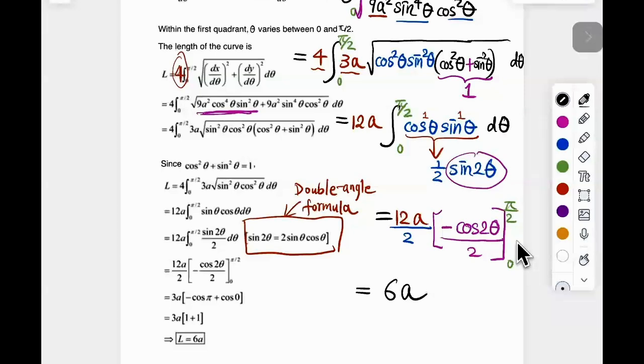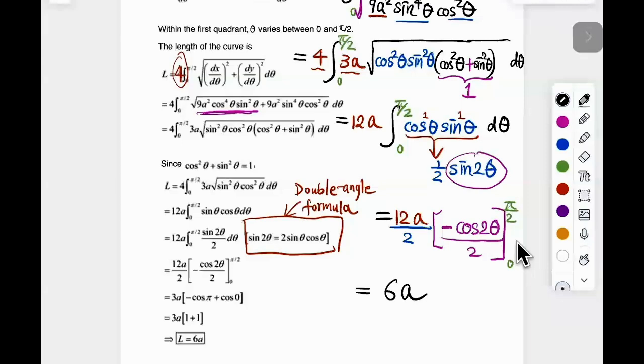You can also use u-substitution, but this will be faster. So you substitute that in, and it turns out to be 6a. So the total arc length for that is 6a, right?